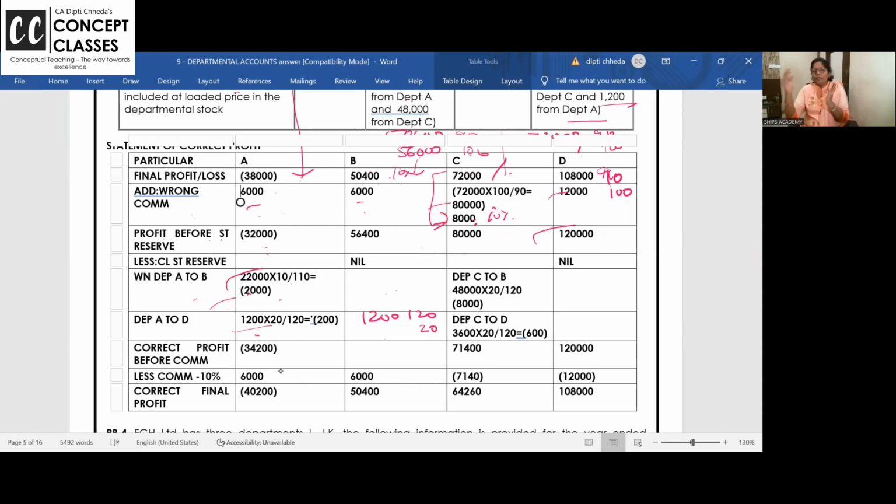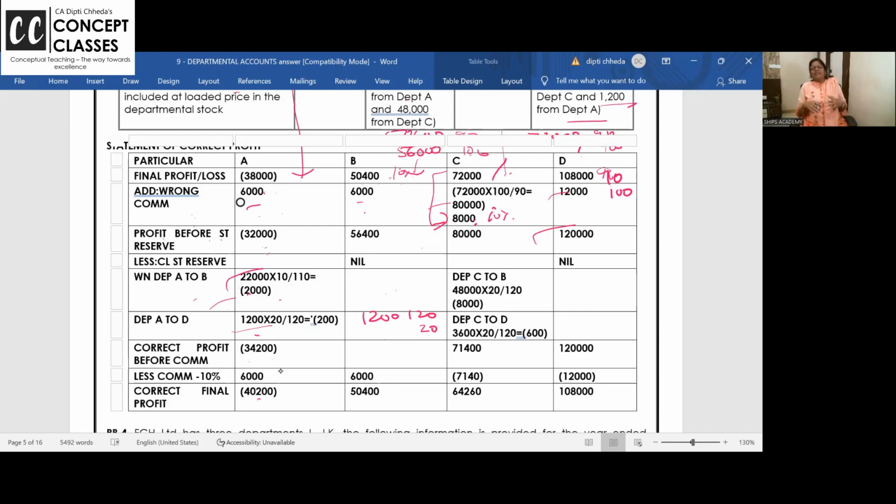A has sent to B, A has sent to D. So reverse those loadings. Now what is the correct profit for A? 30 for 200. Abhi bhi loss aa raha hai. So in case of loss, how much commission you are going to pay? 6,000. And so what is the correct profit now? 4,200. What was the wrong profit? 30. Are you getting beyond the figures?